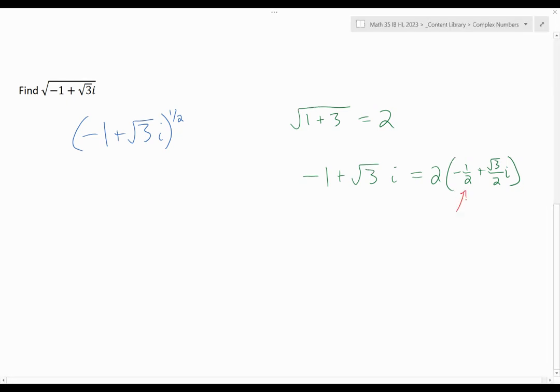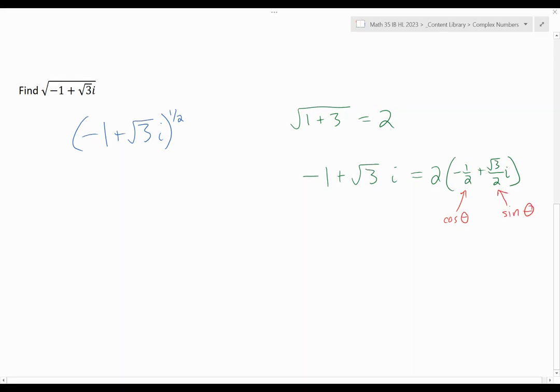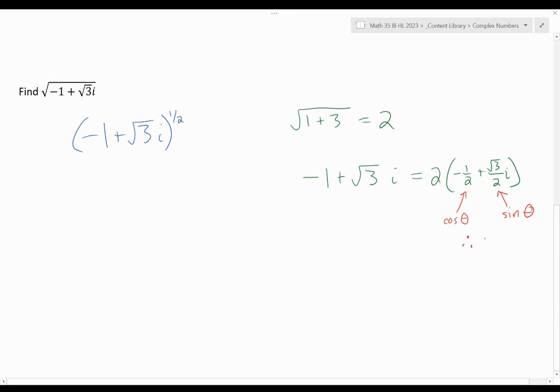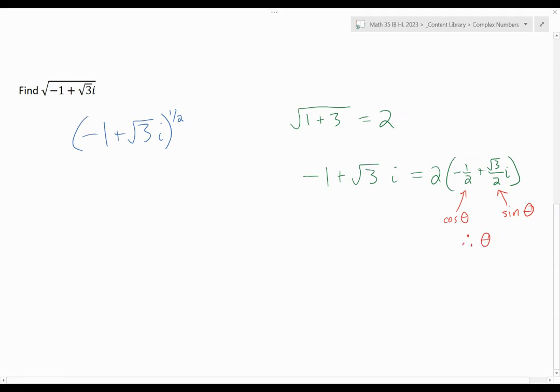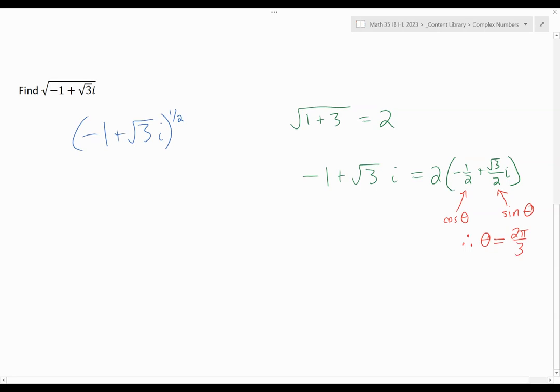So negative 1/2 is the cosine of theta, and root 3 over 2 is the sine of theta, which means if the cosine is negative and the sine is positive, I'm dealing with an angle in the second quadrant. And since the cosine is negative 1/2 and the sine is root 3 over 2, we're dealing with 2 pi over 3. So that is the argument here.